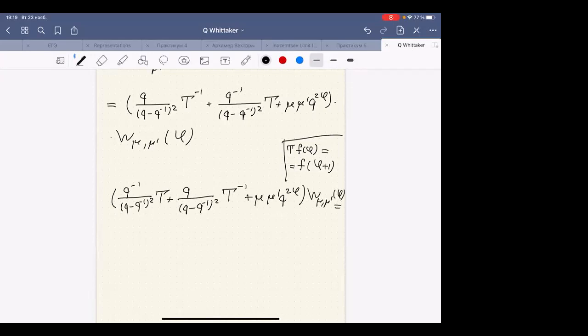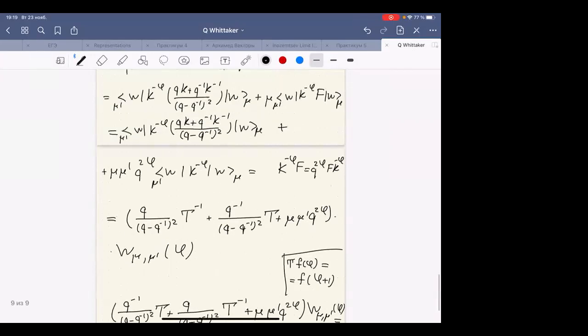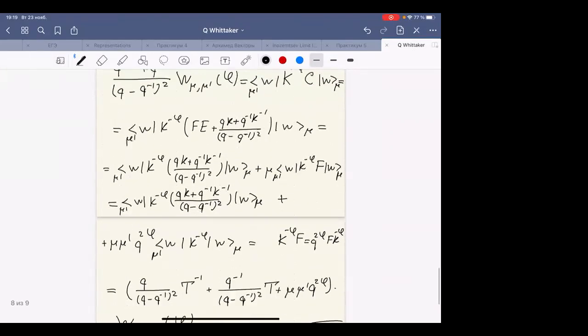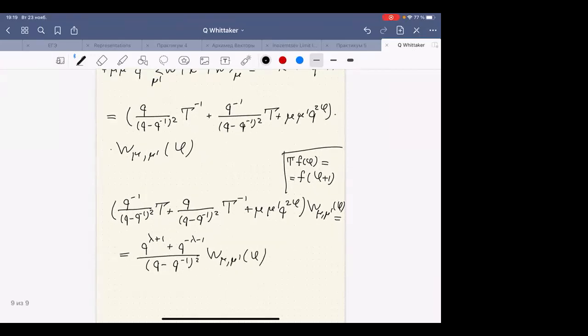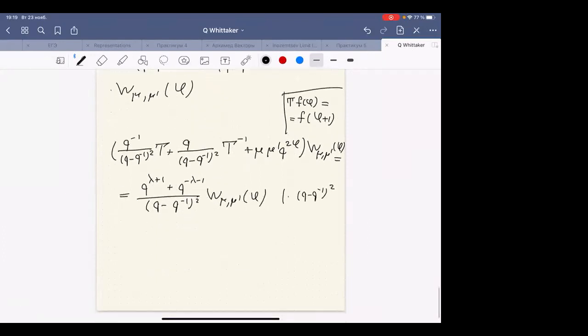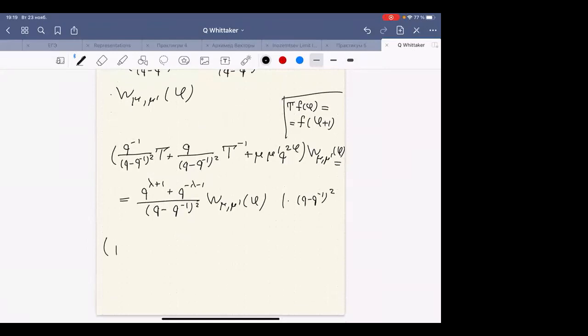The eigenvalue is q to the lambda plus 1 plus q to the minus lambda minus 1. So to simplify, we can multiply by q minus 1 squared to make it more good looking.